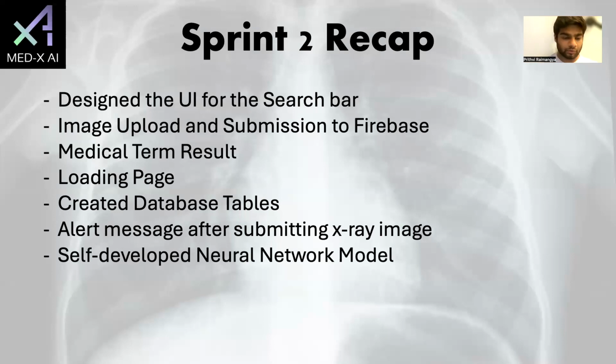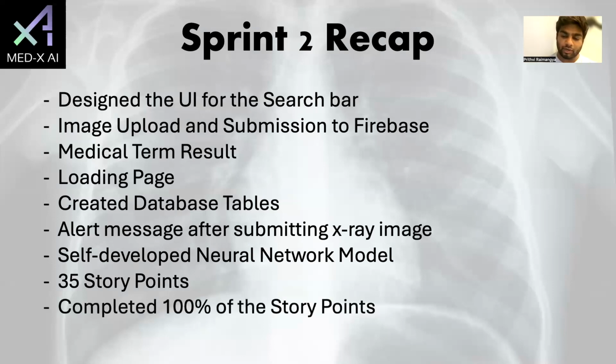The neural network was created through TensorFlow and Keras, which we later upgraded by using a more detailed neural network and increasing our accuracy to 93%. Overall, we achieved 35 story points, which we promised in Sprint 2, and that resulted in 100% completion of our story points. That's it from my side.